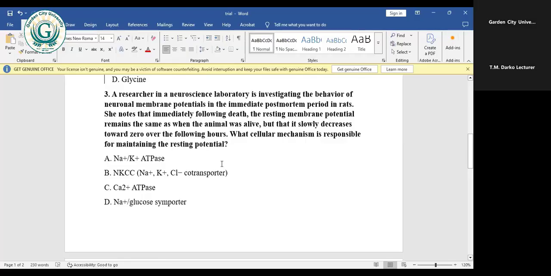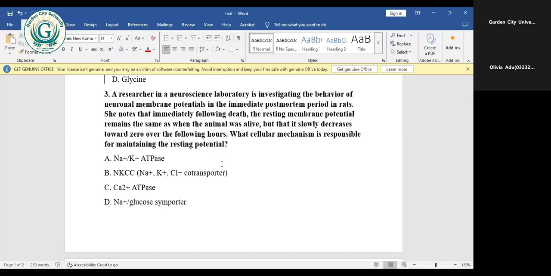Olivia, can you read the last one? A researcher in a neuroscience laboratory is investigating the behavior of neural membrane potential in the immediate postmortem period in rats.